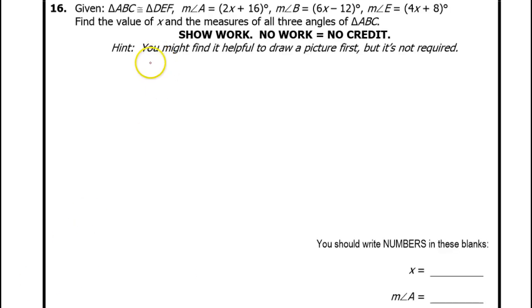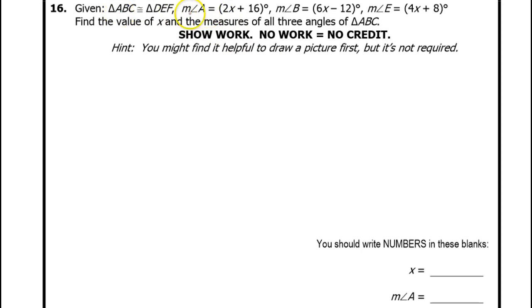All right, so for number 16, we're given some facts here, and we know that triangle ABC is congruent to triangle DEF. So we'll come back to that. First, we are being asked to find x. Okay, so let's see what I can do.